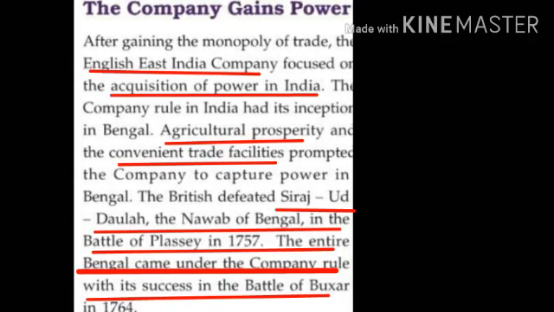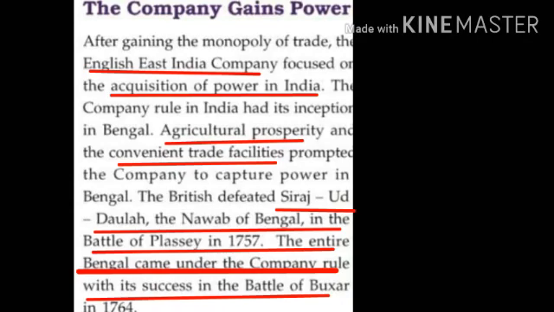After gaining the monopoly of trade, the English East India Company focused on the acquisition of power in India. The company rule in India had its inception in Bengal. Agricultural prosperity and convenient trade facilities prompted the company to capture power in Bengal. The British defeated Sirajuddaulah, the Nawab of Bengal, in the Battle of Plassey in 1757.